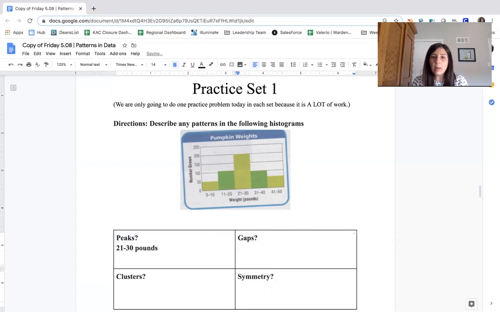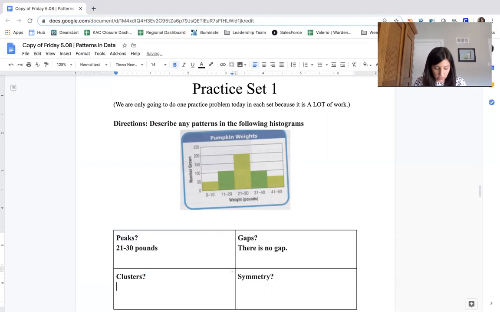Okay, now I'm looking for, are there any gaps in the data? I'm looking at each of the different categories on the x-axis, and they all have data filled in for them. There really isn't any point in this data set where there's a gap in data or data doesn't exist. So I'm going to go ahead and write that there is no gap.